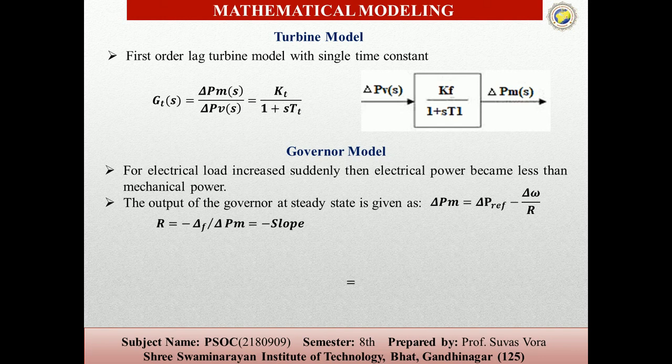It is the regulation constant, which denotes the sensitivity of the generator to change in frequency, and the hydraulic amplifier transforms these signals to the steam valve gate positions for the power change. यानी कि इस स्लोप थ्रू हमको पता चलेगा. So the final equation is delta PM is equal to Kg upon 1 plus sTg by Pg(s), where delta PM is the change in the turbine mechanical power output, and delta P reference is the change in the reference power setting.